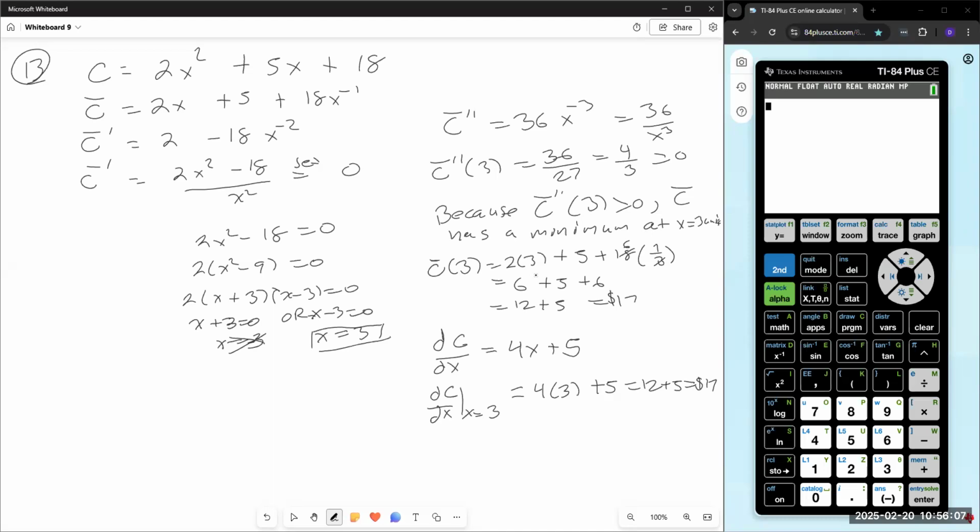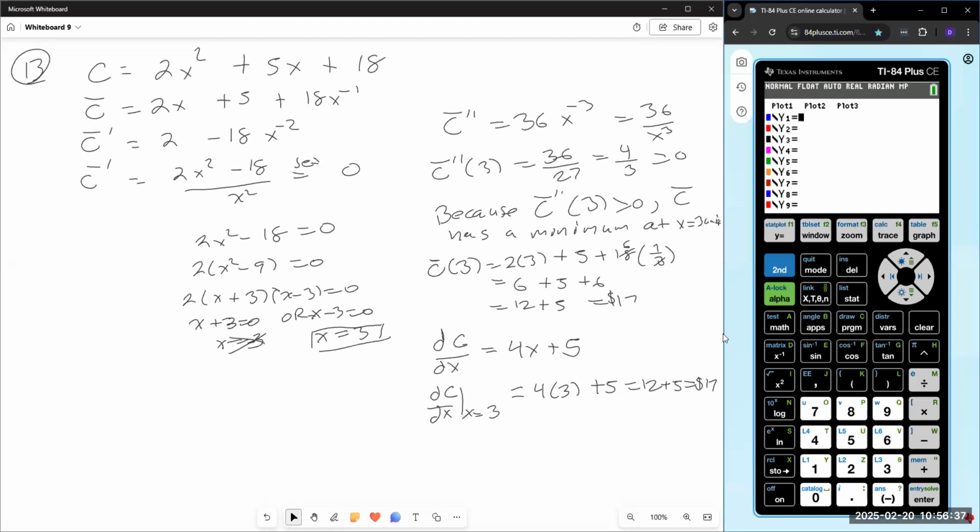So at the minimum average cost, that will also equal the rate of change of the original cost function at that same x value. So the original function's slope will be the same as the value of the average there. That's just something that they want you to know.